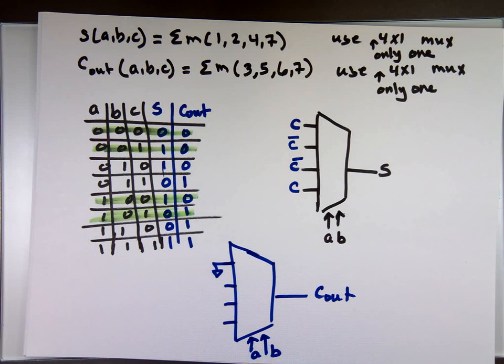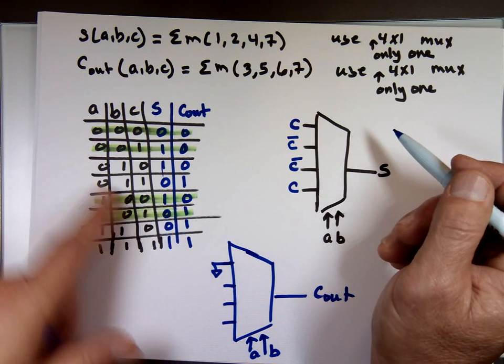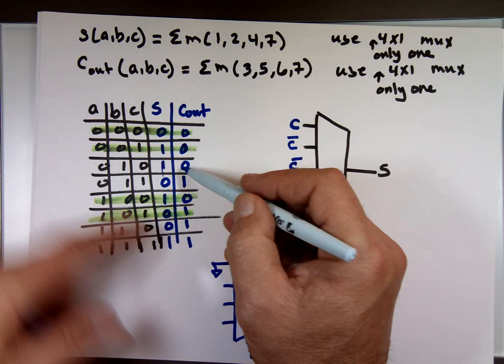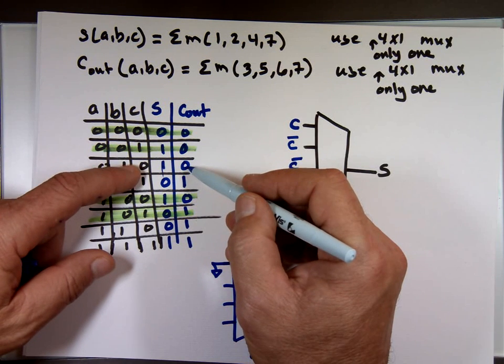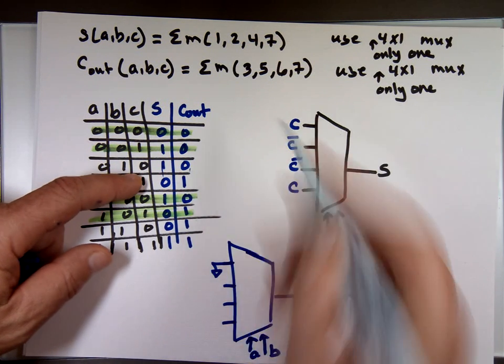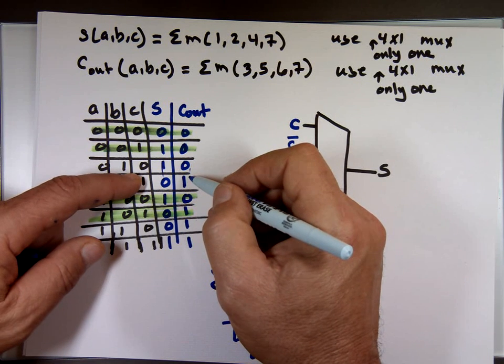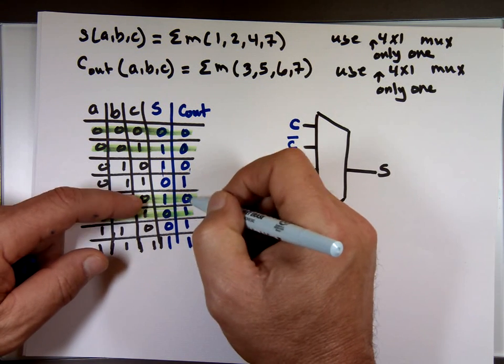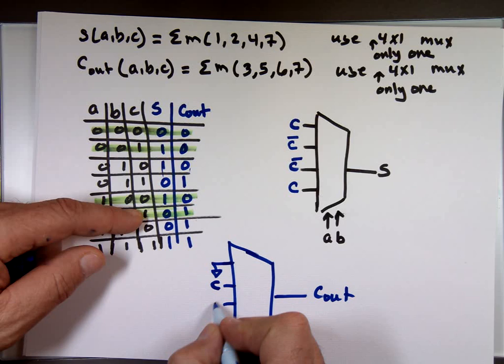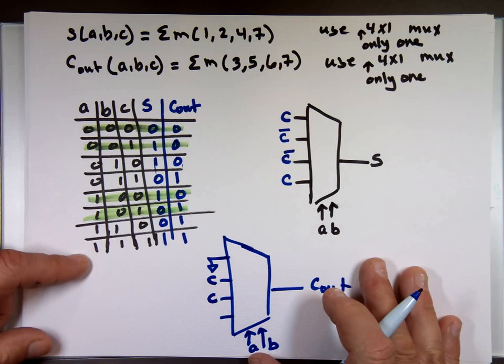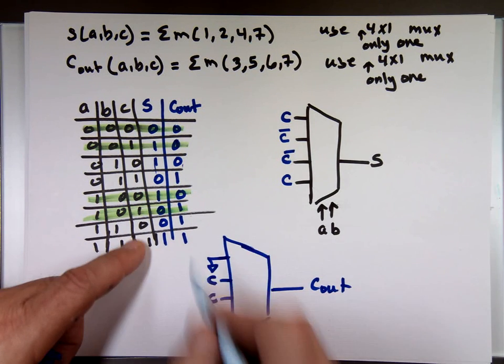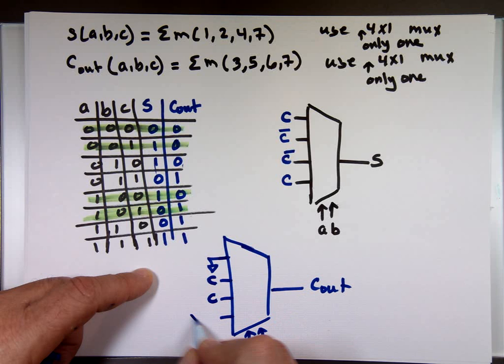The next group. Let's look at C out in relation to C. What is that? Same. Attach C here. The next one is the same, C. And what's the last one? Always 1, VCC.